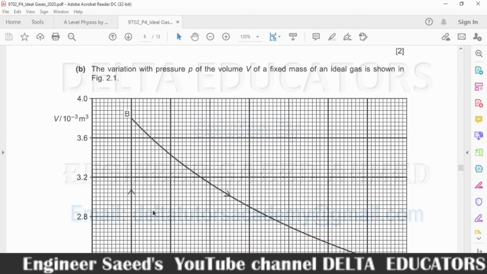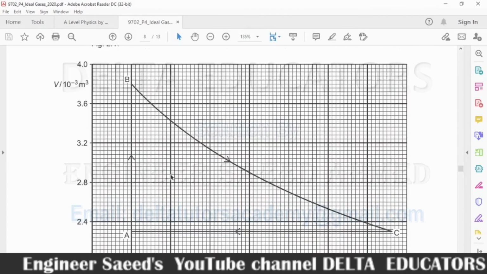Part B. The variation with pressure P of the volume V of a fixed mass of an ideal gas is shown in figure 2.1.